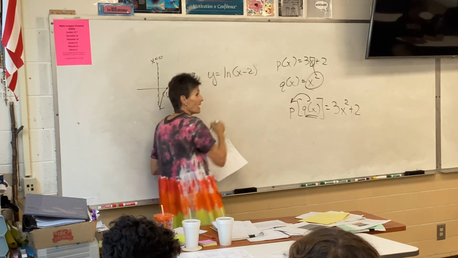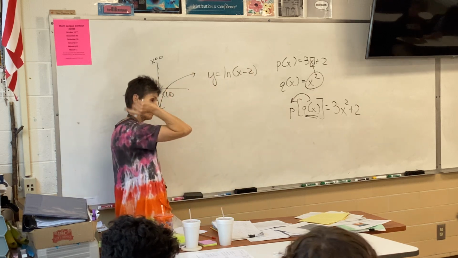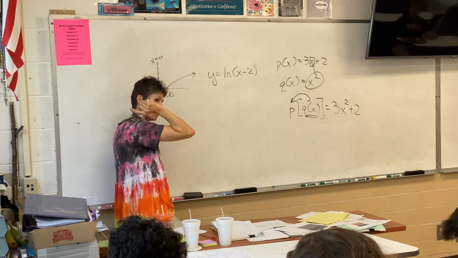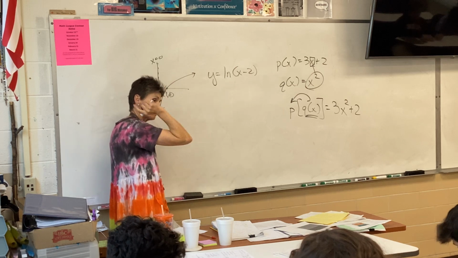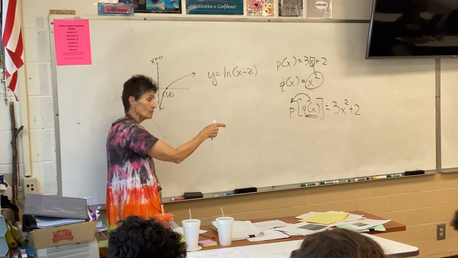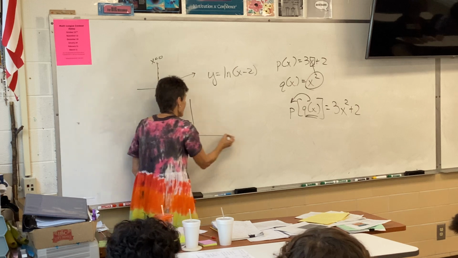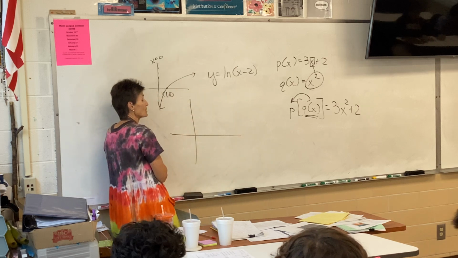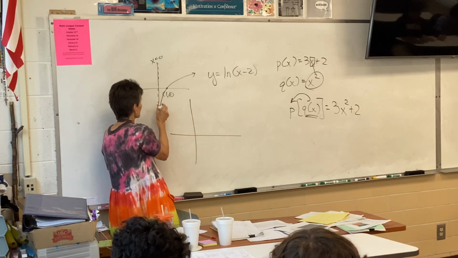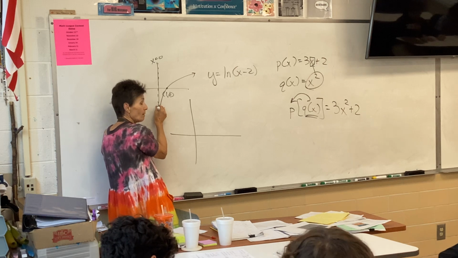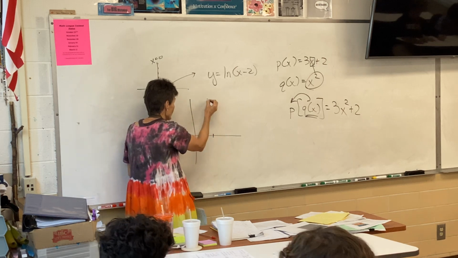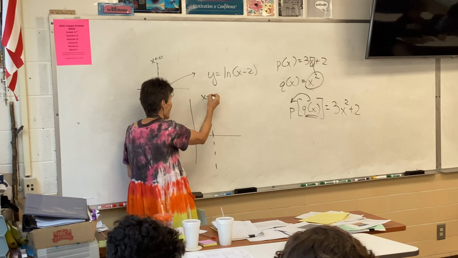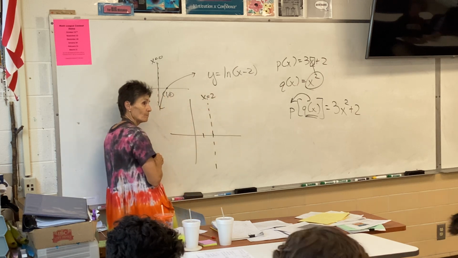What change is there in that equation? Right 2. That's a right 2. So everything in the picture is going right 2. So you're going to pick that asymptote up, and you're going to move it over here, so now it's at 2.